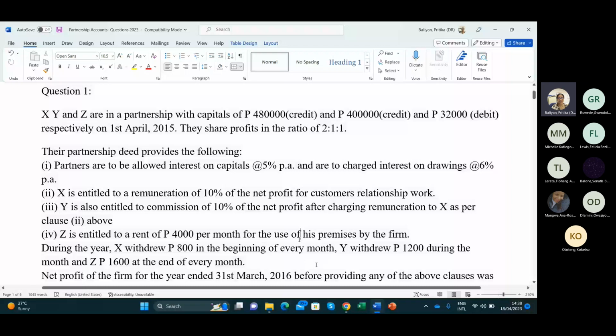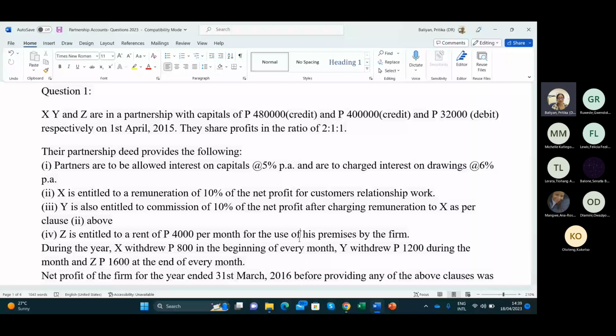It means he withdrew 12 months before. You understand this sentence? During the year, X withdrew at the beginning of every month. Y withdrew during the month, or at the middle of the month. And Z withdrew 1,600 at the end of every month.